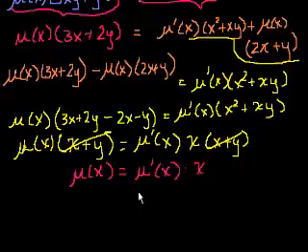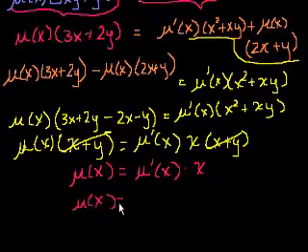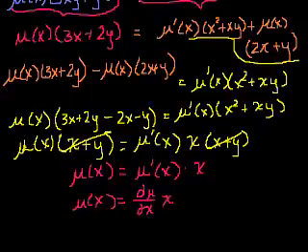And now, for just the way my brain works, I like to rewrite this expression in operator form, where instead of writing mu prime of x, we write d mu dx. So we could write mu of x is equal to the derivative of mu with respect to x, times x.